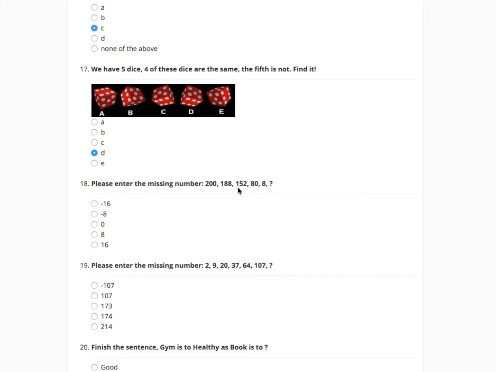And then difference of 72 again. 12 times 3 is 36, 36 times 2 is 72, 72 times 1 is 72. I think I found a pattern. The next one that must be multiplied to that difference of 72 is 0. 72 times 0 is 0. So 8 plus 0 is still 8. So it must be 8.